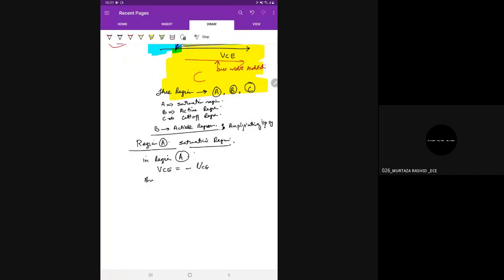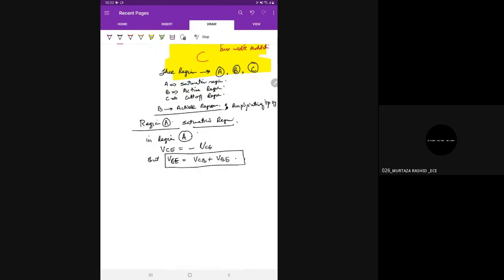And we also know that VCE is equal to VCB plus VBE. That is equation number 2 जो हम अभी तक discuss करते आ रहे थे for base width modulation.